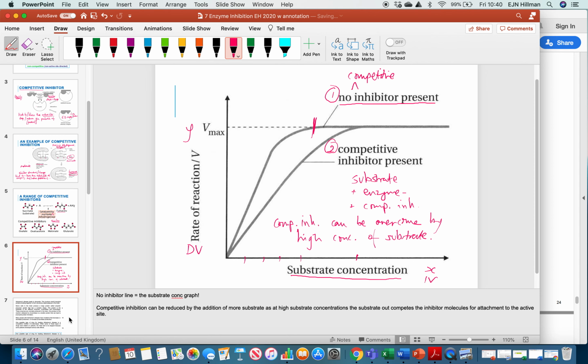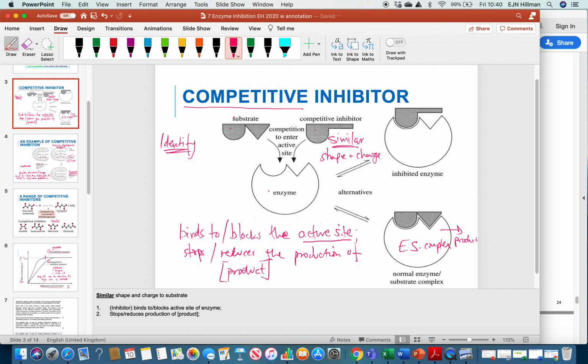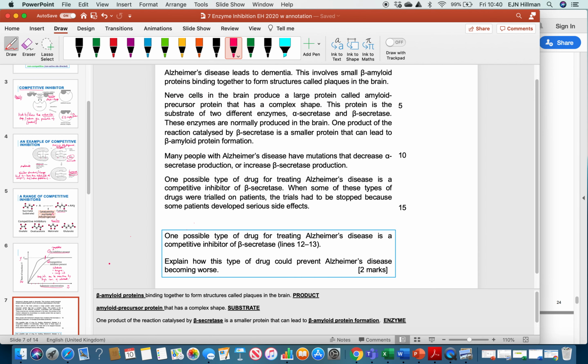So, one demonstration of this is a tricky question that was on an exam paper a couple of years ago, relating to Alzheimer's. So as I said at the beginning, often these questions may be quite complicated and you may need to extract information from the stem of the question.